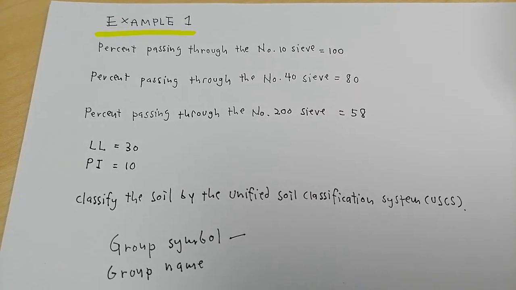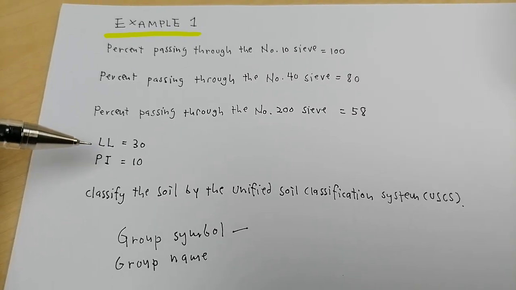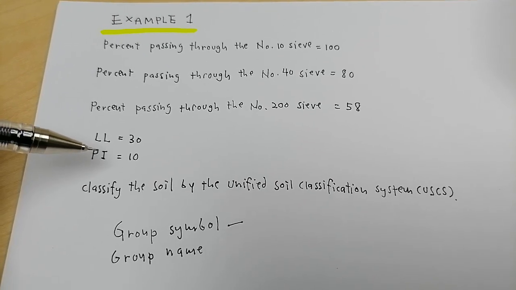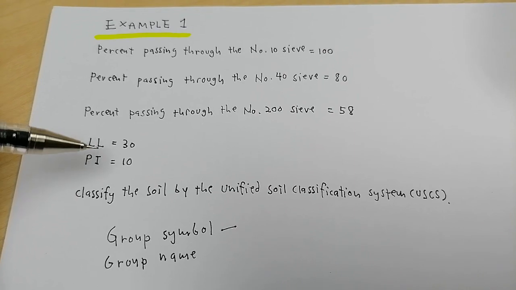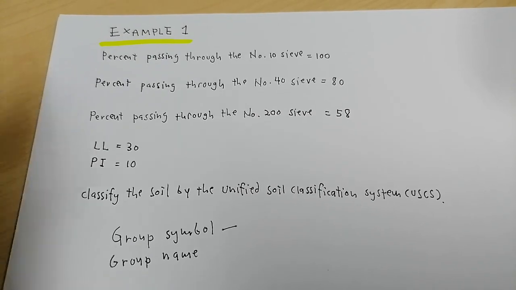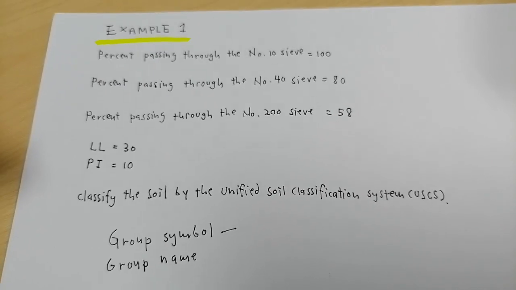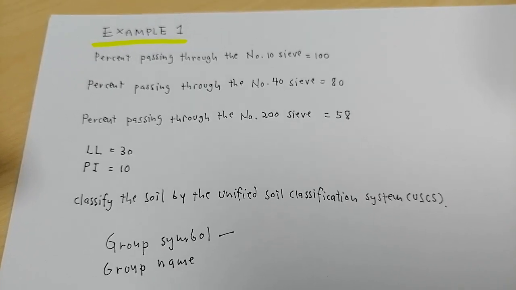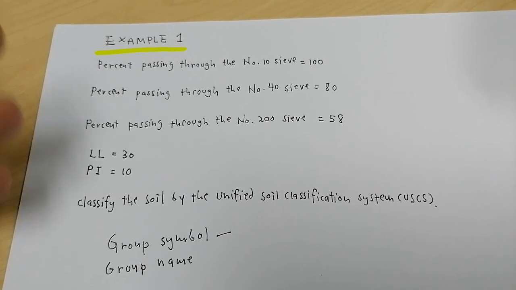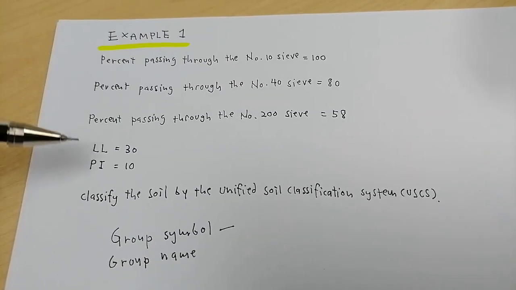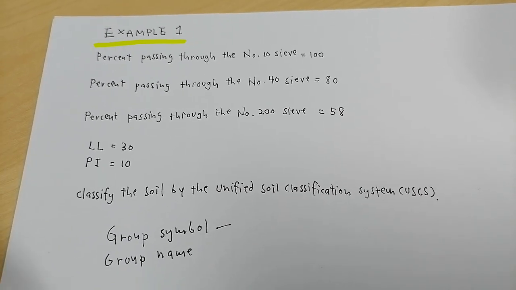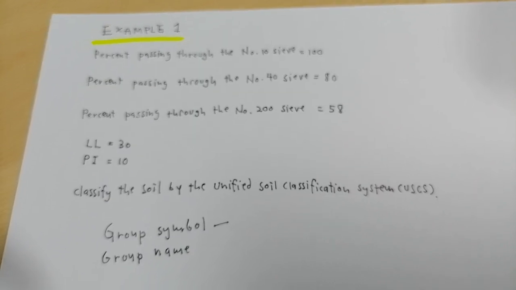And also given the liquid limit is 30 and plasticity index is 10. So liquid limit, plasticity index, plastic limit, semua tu yang kita belajar dalam session last week. So in this week's session, awak boleh nampak kepentingan kita tahu all the values: liquid limit, plasticity index and plastic limit. Alright.